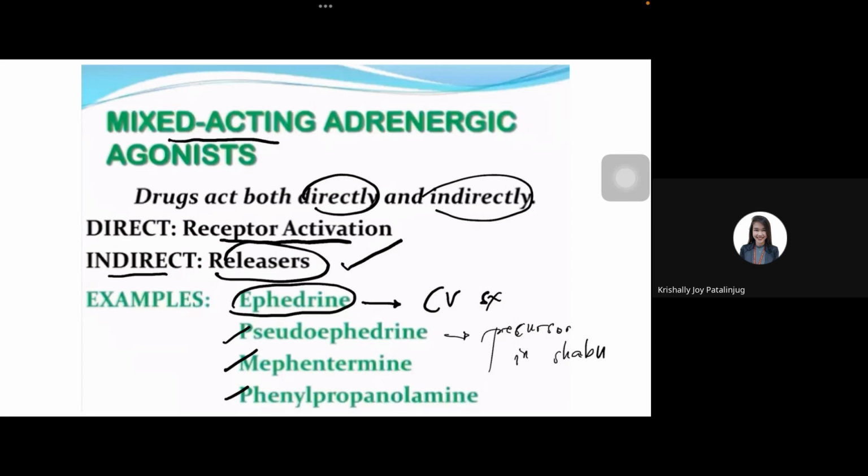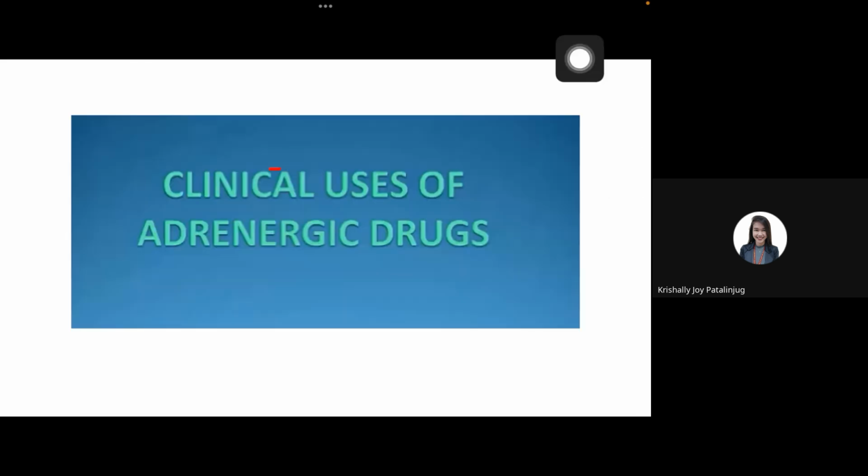Pag ganoon, you need to memorize na the drugs, ha? Dito naman, clinical uses. Ano yung clinical relevance ng mga na-mention natin na mga gamot? Okay? Again, ang adrenergic agonists, particularly na clinical uses. Kasi hindi nakasulat dito, no? Focusing on sympathomimetics ito.